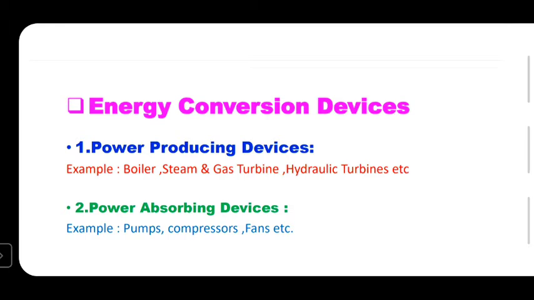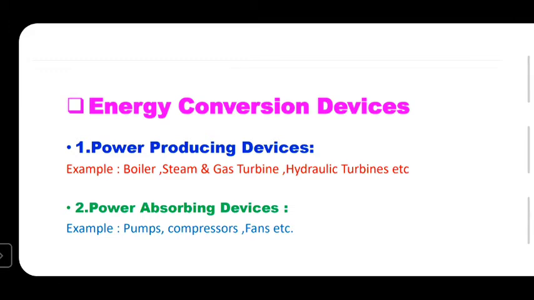And the reverse case is power absorbing devices. Power producing devices are used for producing power, but in case of power absorbing devices, some input power is given to the device, and that device absorbs the power and converts the energy.